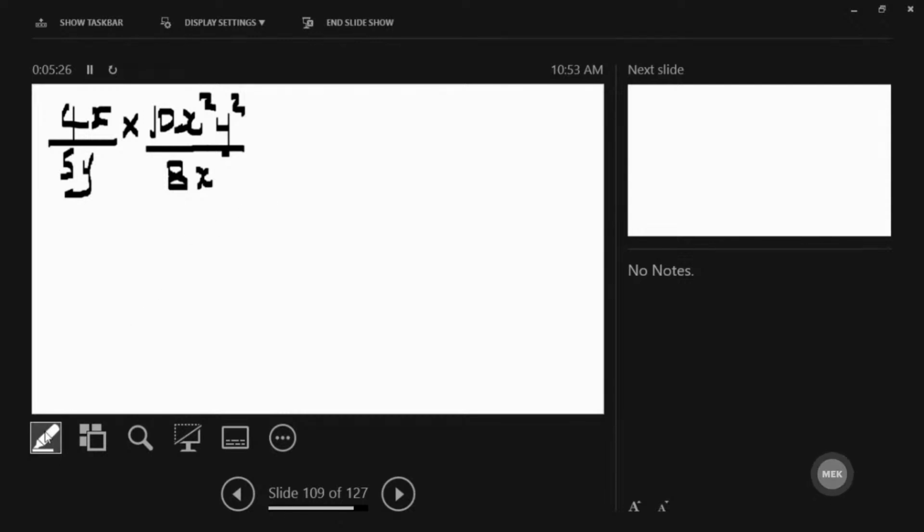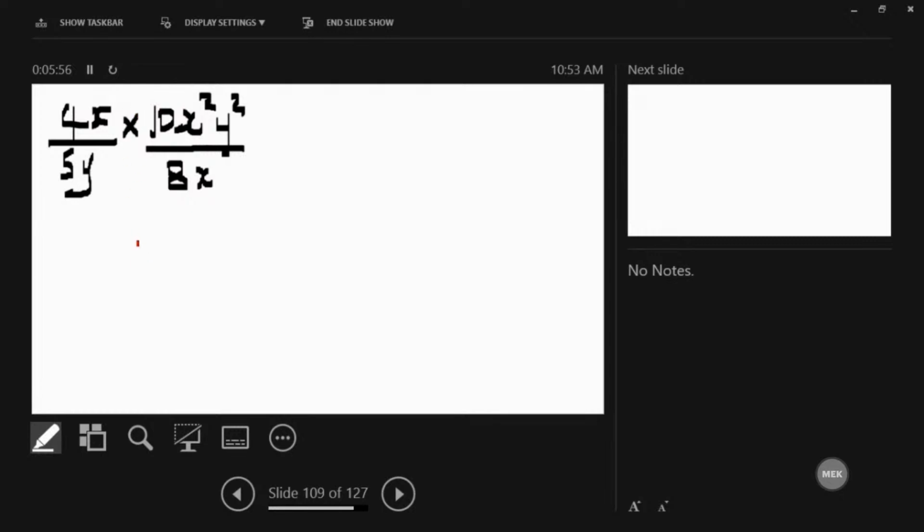First of all, remember, when you're multiplying fractions, you first check to see what can cancel what. And we can't cancel sideways. So you can use this x and cancel that x, because remember, laterally we're multiplying, but vertically we're dividing.